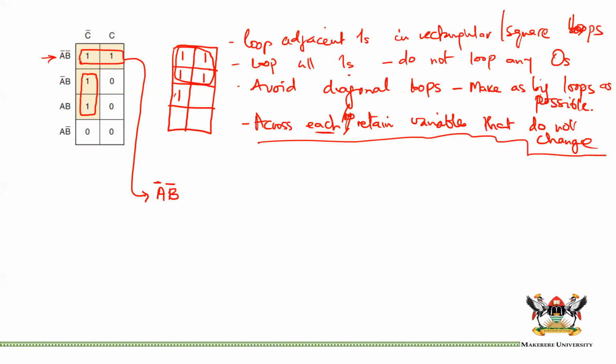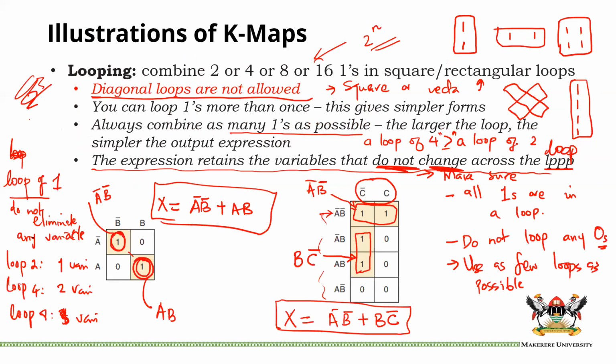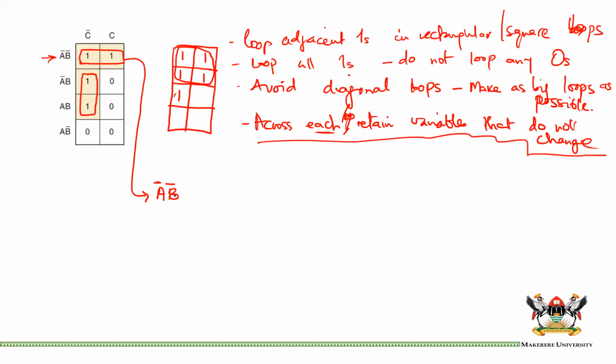And here we have already said that if we loop 2 here, we are going to eliminate one variable, and clearly C has gone. Now for this one, you can see that both ones in this loop correspond to C inverse. So we are going to have C inverse there because it hasn't changed across that loop.